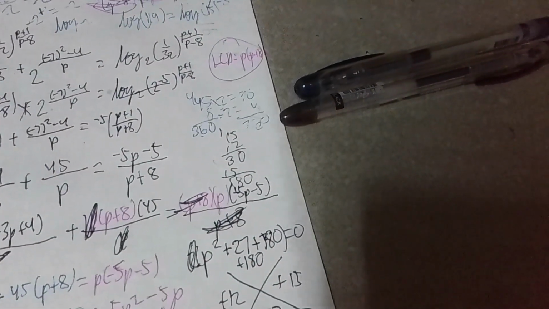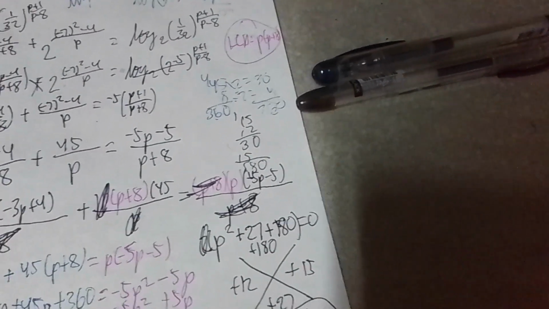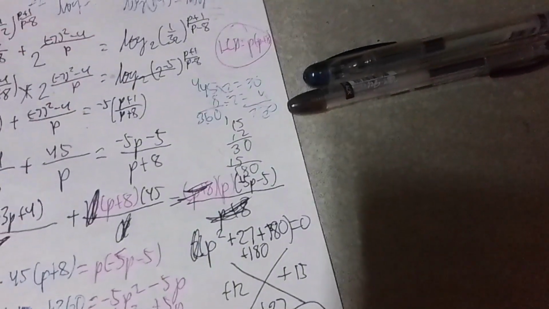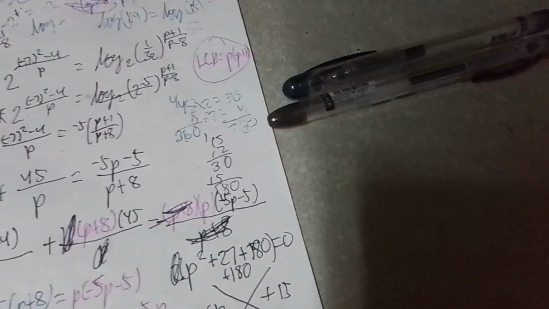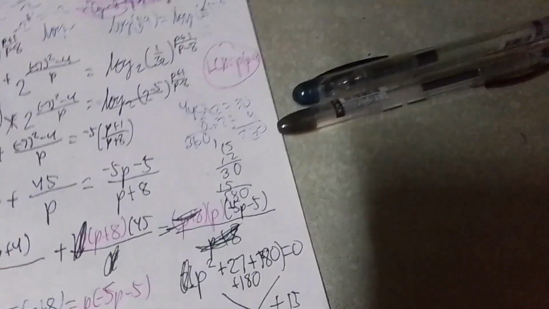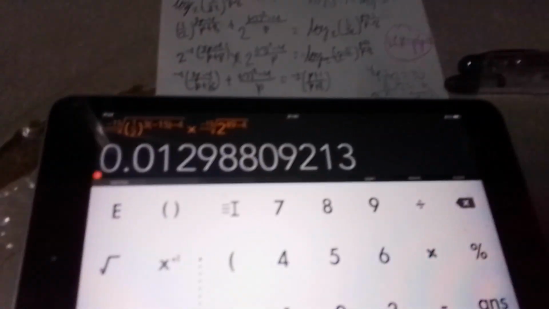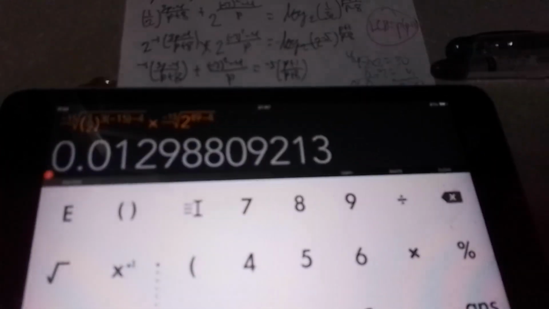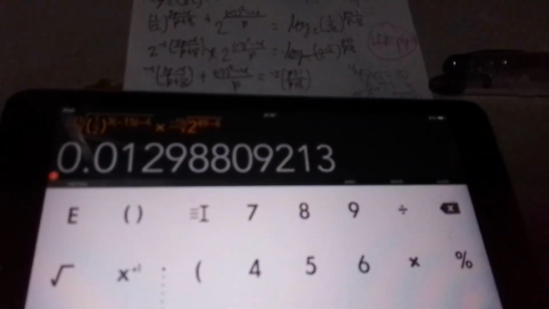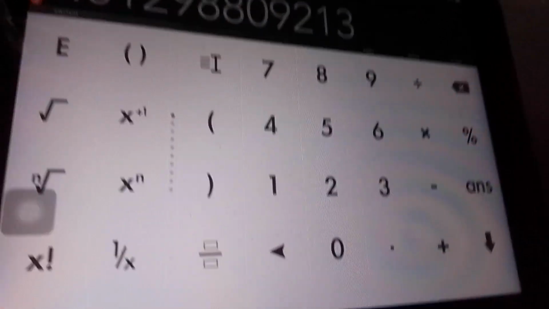Remember, positive times positive gives you positive, negative times negative gives you positive. The answer that we're supposed to get is positive 27, so it can't be negative. So we use negative values, negative 15 and negative 15. That's the answer that we get, and it may seem kind of strange. The answer that we got is 0.0129888.